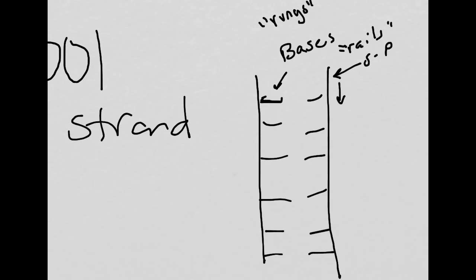Now these are 2 separate strands, but they are held together by hydrogen bonds. That's how I always show these in class. I'm not really doing it justice because sometimes there's 2 hydrogen bonds, sometimes there's 3, depending on which pair you're looking at.